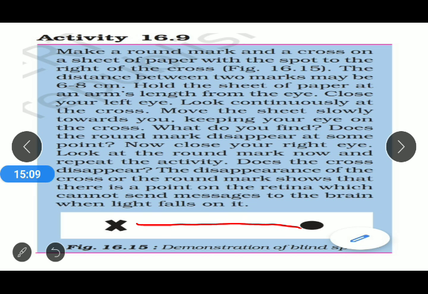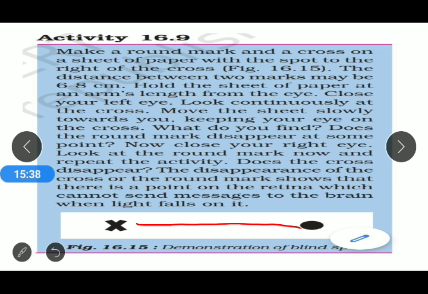At that point both symbols disappear. The optical nerves are not able to sense the symbols, and they are not sending any signals to the brain. So that particular point is known as the blind spot.